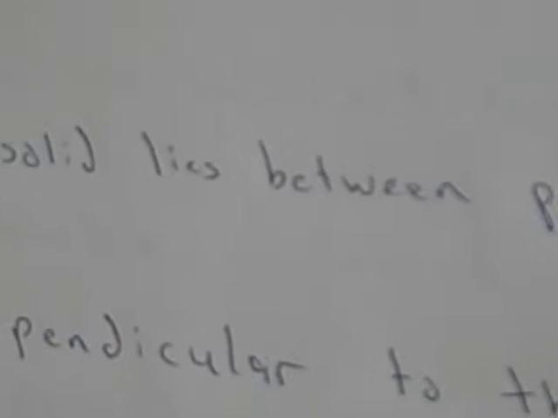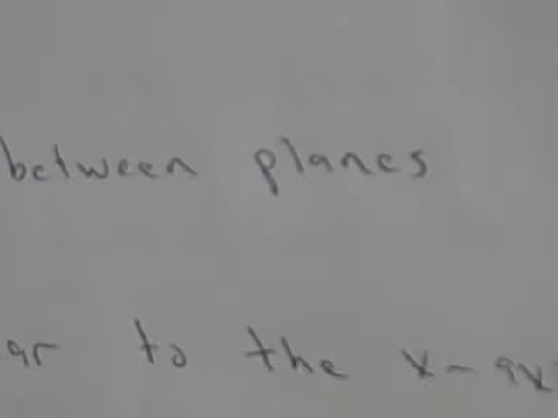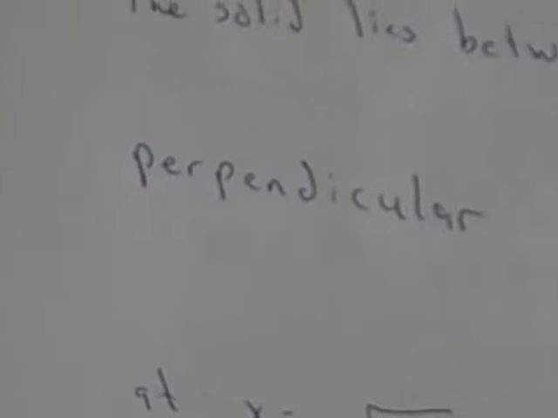The problem states the solid lies between planes perpendicular to the x-axis at x equals negative square root of 2 and x equals positive square root of 2.